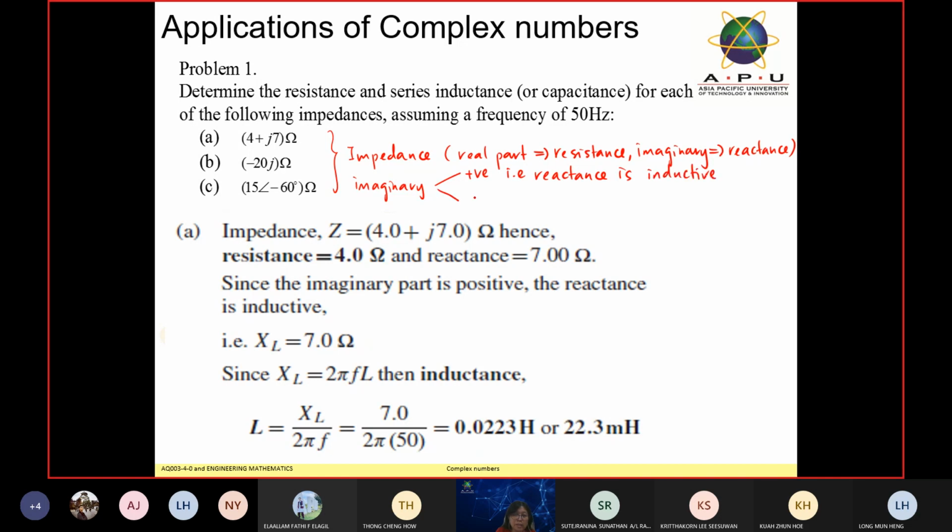And if the imaginary part is negative, then the reactance is capacitive. Later you will see how we do the calculation, so please take note of this.